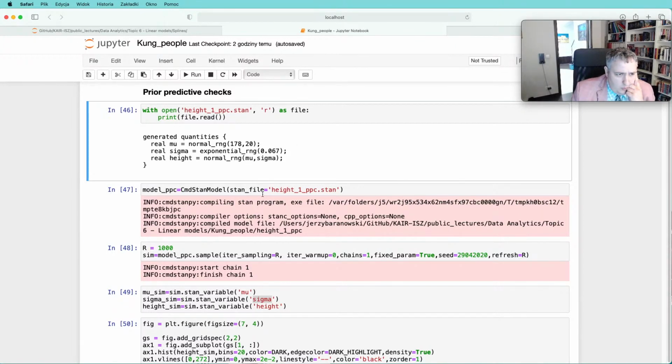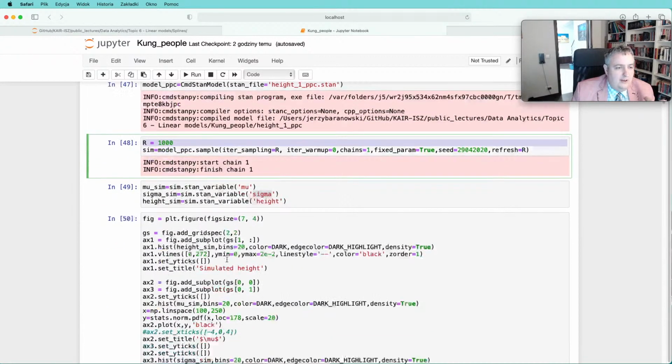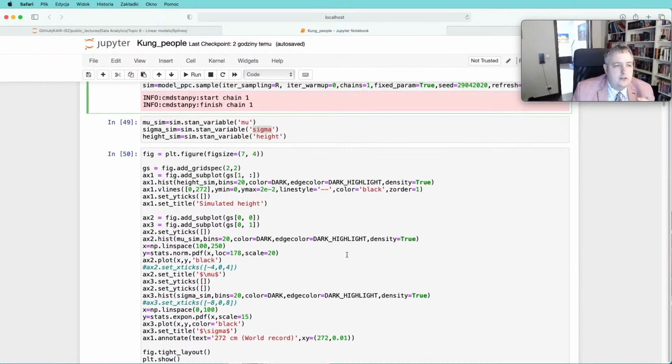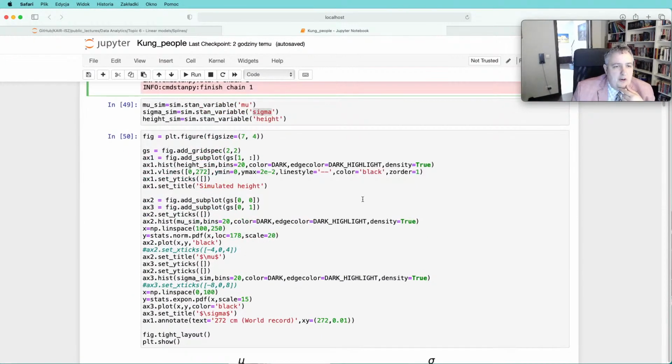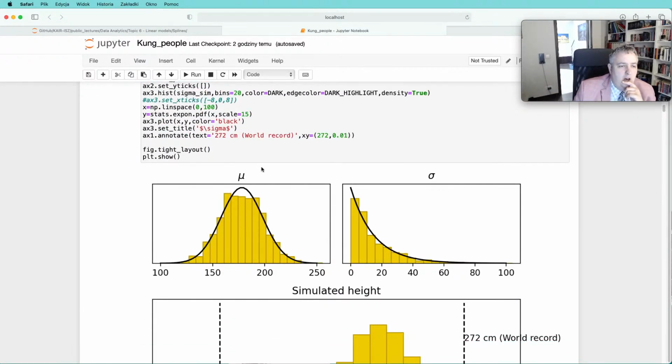So we sample from this distribution, we get those variables, and we can visualize them using histograms. What we are really doing here is those histograms are overlaid with our prior distributions. So for our mean, we have a very wide spread between 130 and 230 centimeters.